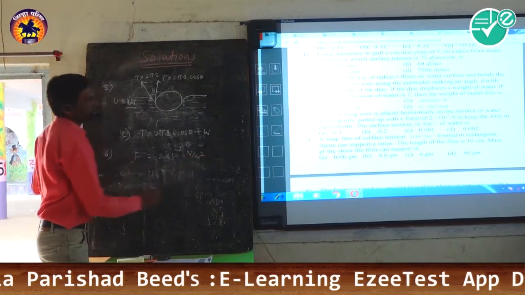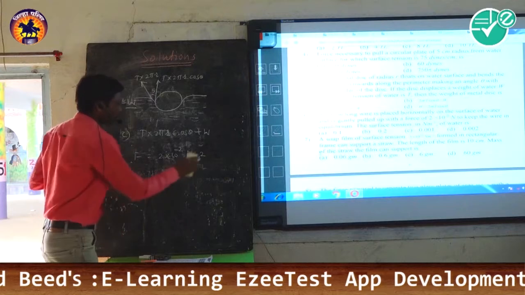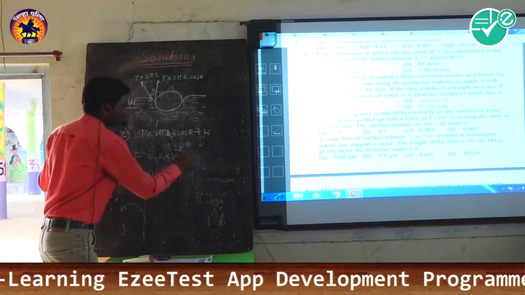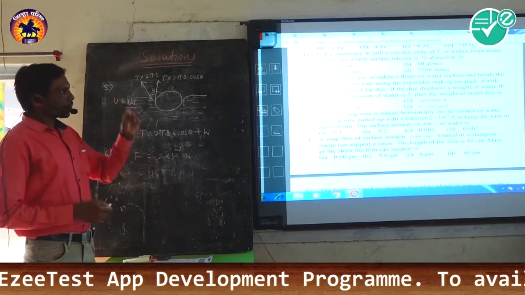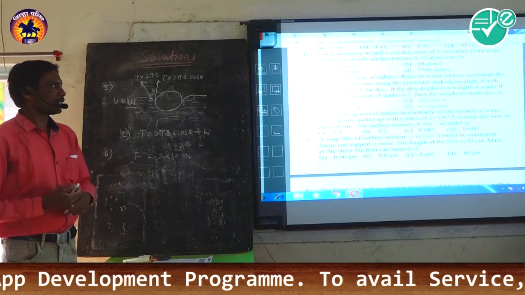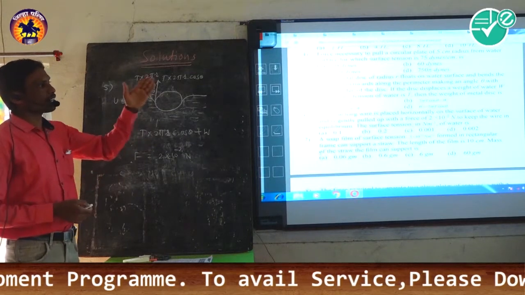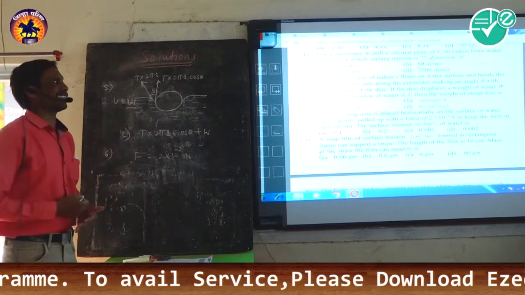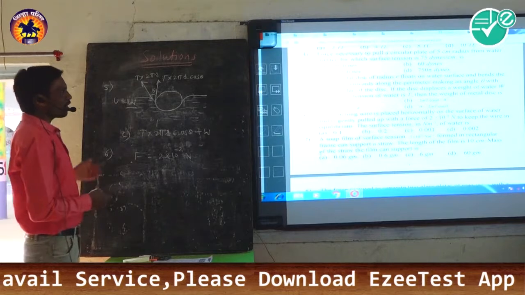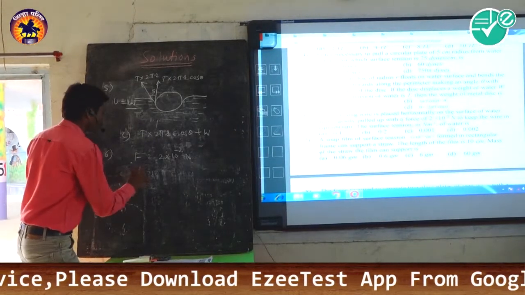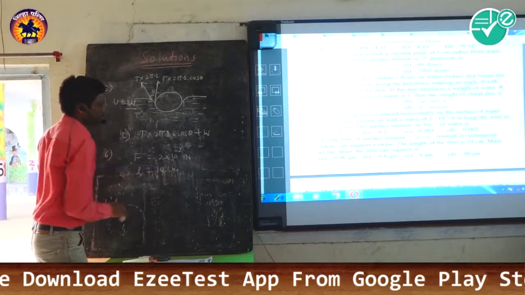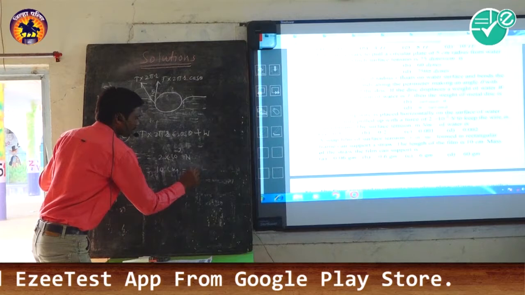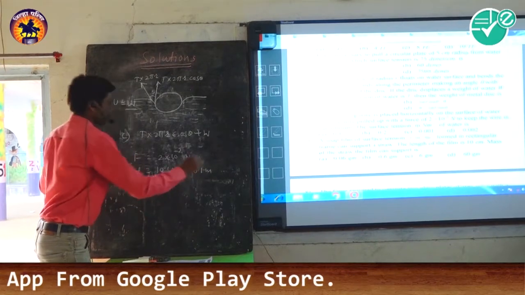Sorry, it is the force, not surface tension. To keep the wire in equilibrium, the surface tension in Newton per meter of the water is. Here the length of the wire is also given, L is equal to 10 centimeter, so in meters, obviously 0.1 meter.